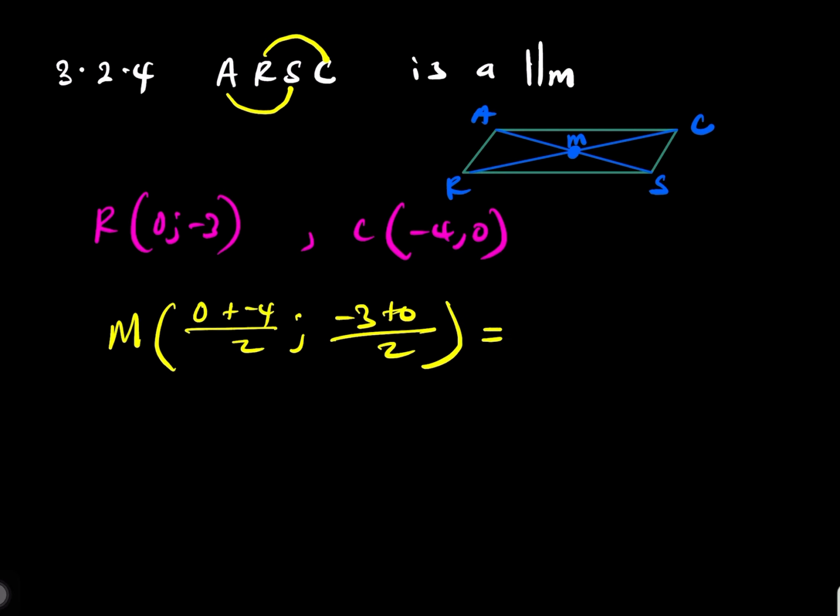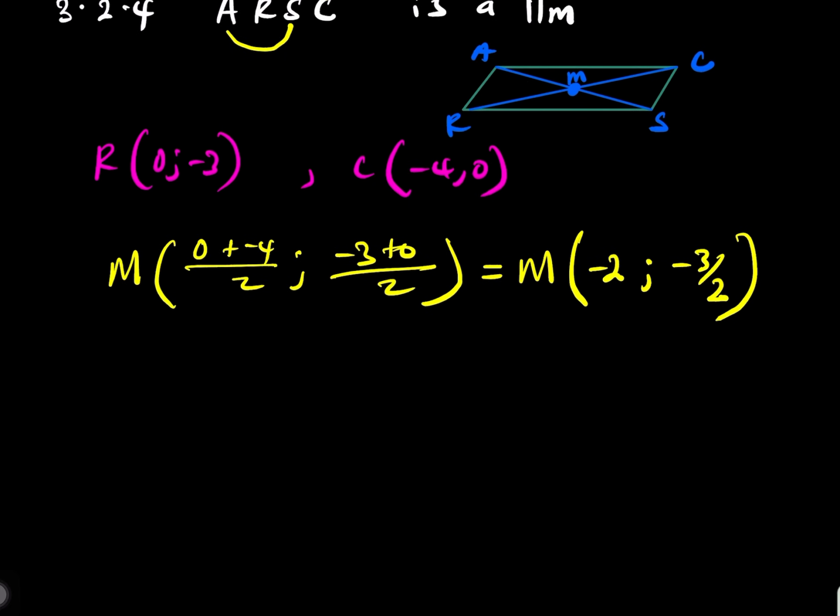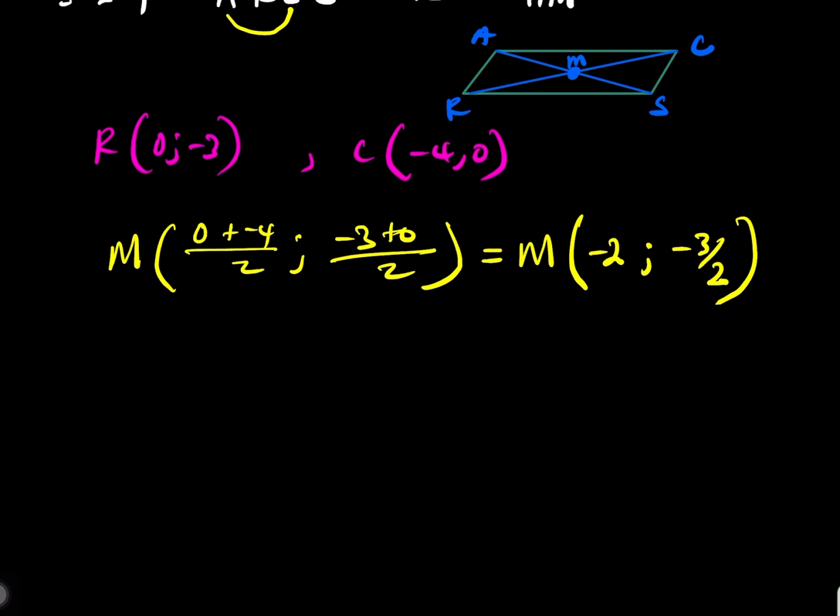As a result, the midpoint is going to be (-2, -3/2). But this midpoint is also the midpoint of AS. So you can find the point S by the midpoint theorem. Think about it: you have your A, M, and M is the midpoint, and then you've got your S.